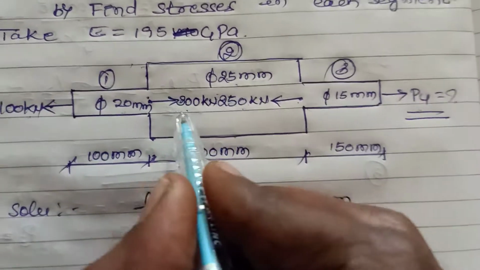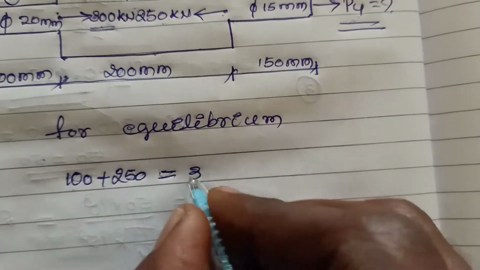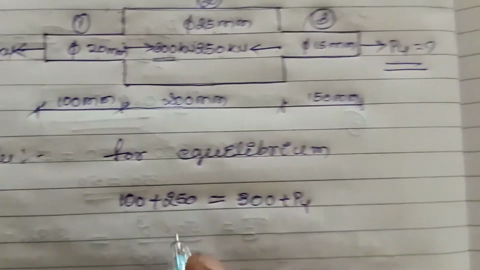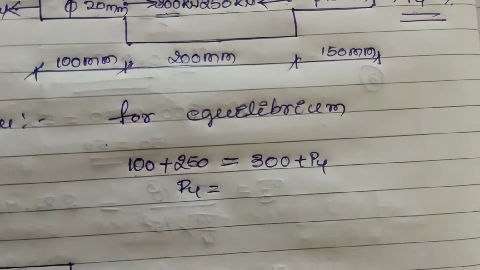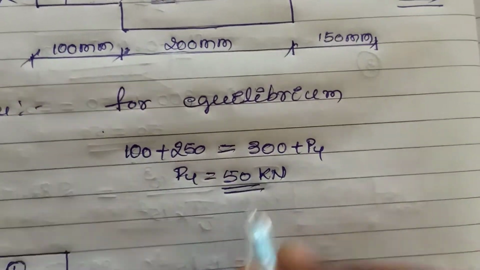On the right hand side, 300 is there, then P4 is there. So 100 plus 250 equals 300 plus P4. The only unknown is P4. Calculate P4. After calculation you are going to get 50, that is 50 kilonewton.